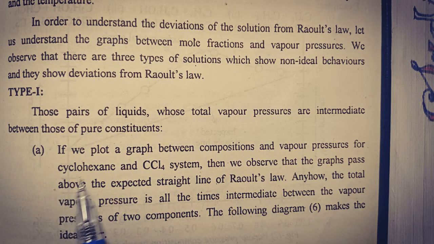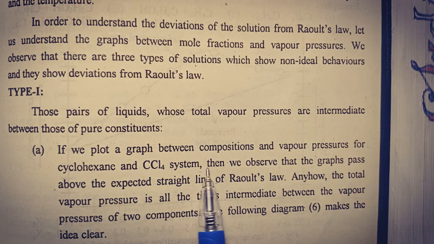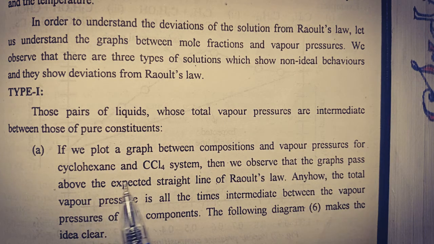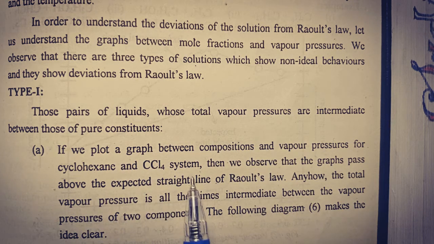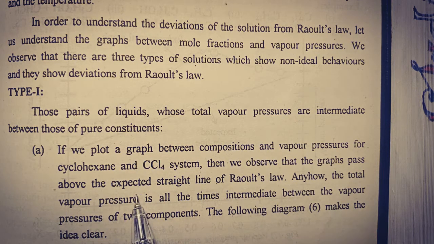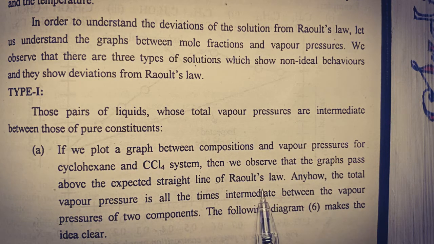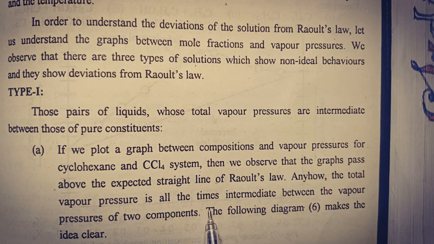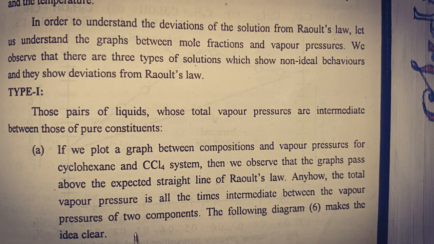The first example: if we plot a graph between composition and vapor pressure for the cyclohexane and carbon tetrachloride system, then we observe that the graph passes above the expected straight line of Raoult's law. Still, the total vapor pressure is at all times intermediate between the vapor pressures of the two components.